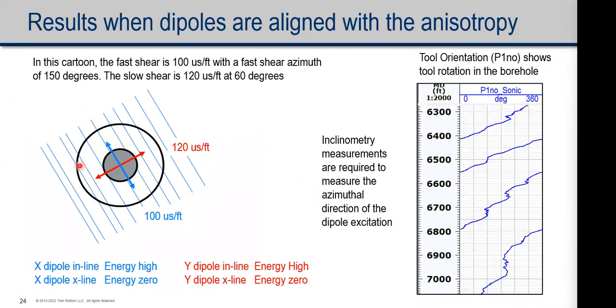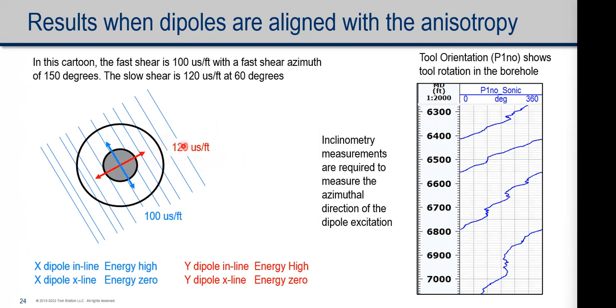Let's take a situation where I've got a set of parallel fractures shown in blue lines. Let's say my blue dipole, my X dipole, is aligned with the anisotropy, aligned with the fractures, and my Y dipole in red is perpendicular to the fractures.